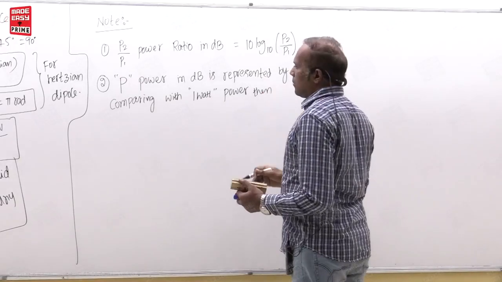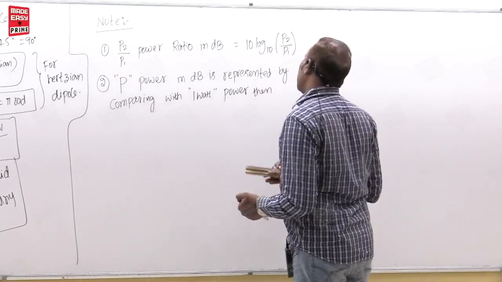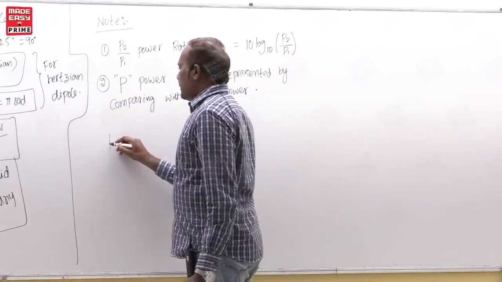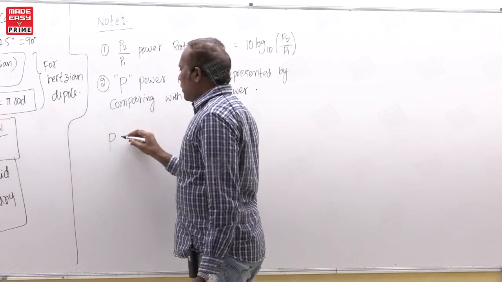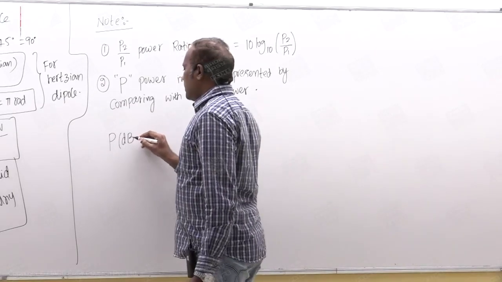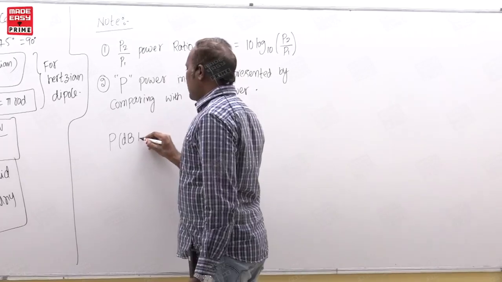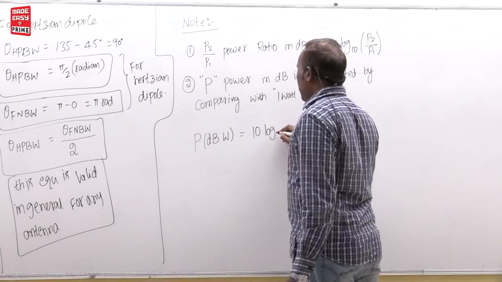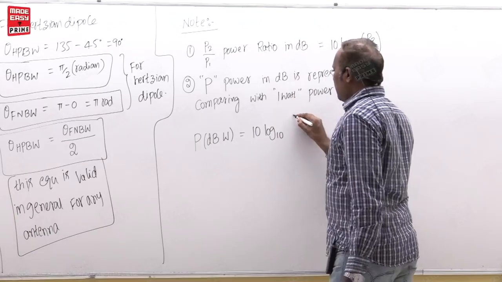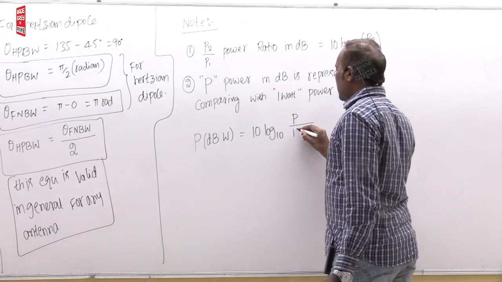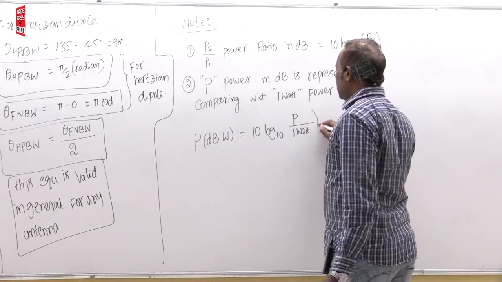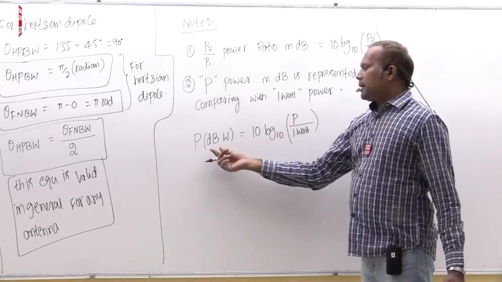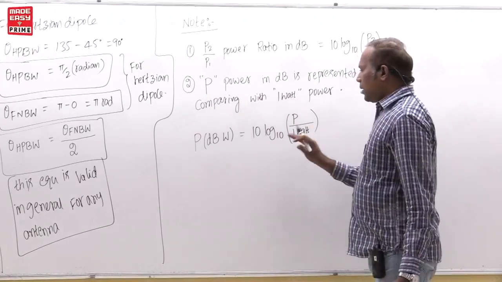So single power in decibels by comparing with 1 watt, that is called dBW, is 10 log 10 P divided by 1 watt. So 10 log 10 P means that is dB and compared with 1 watt.